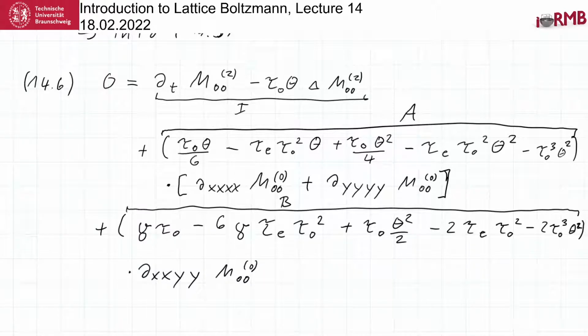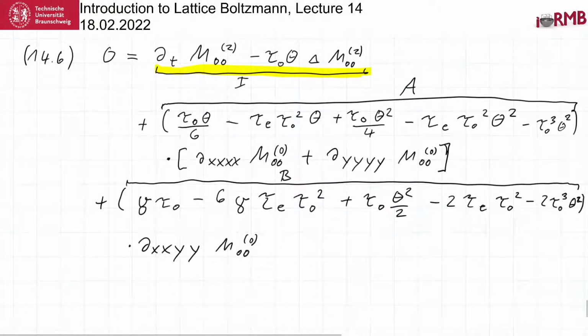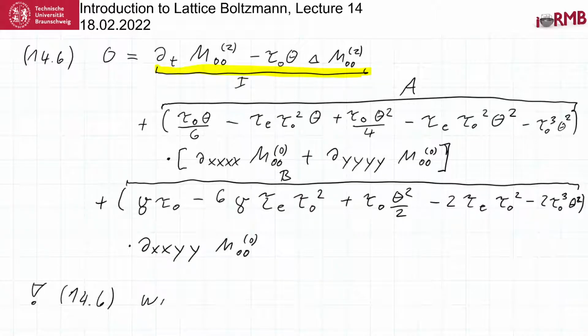So we have this guy here. When this would be alone, yeah, this would allow us to have a zero solution, a null solution, if A and B would disappear. Yeah. So the problem that we have is that we have A and B. So this equation, which now is 14.6, would permit a so-called null solution.